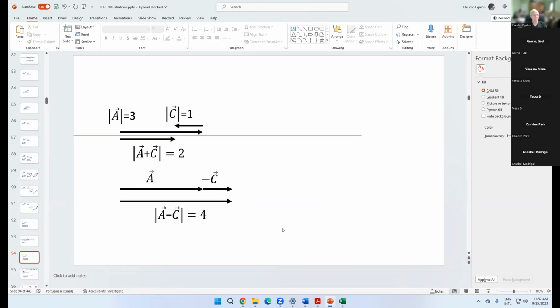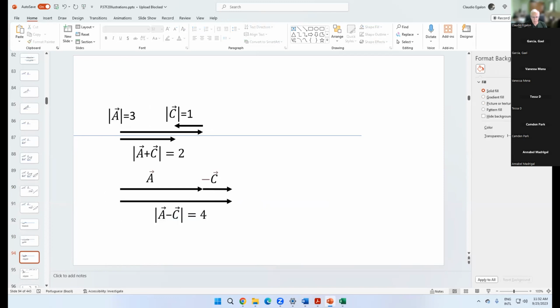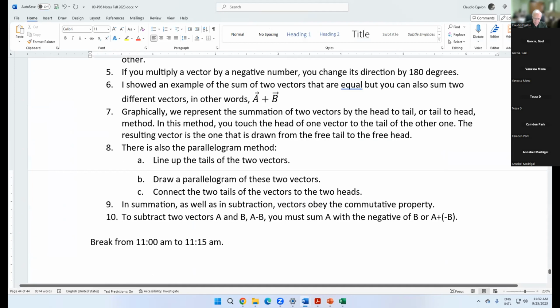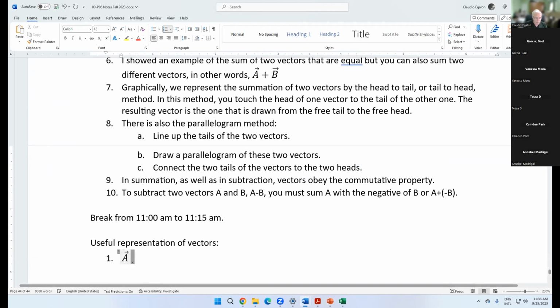Now, okay. Here you go. What you see right in here is the representation of magnitude of a vector. Let's talk about useful representations of vectors. You already know that one of the representations of a vector is the letter with the arrow at the top. That's one of them.